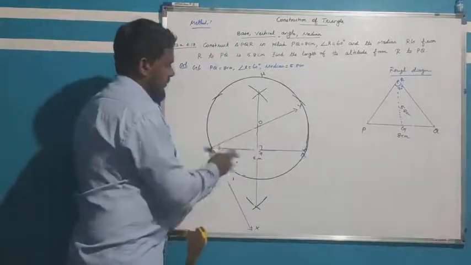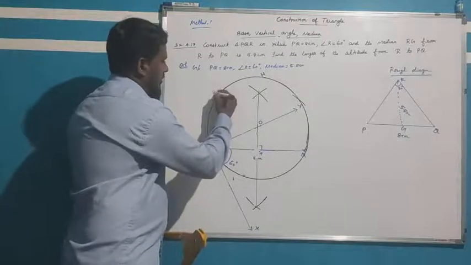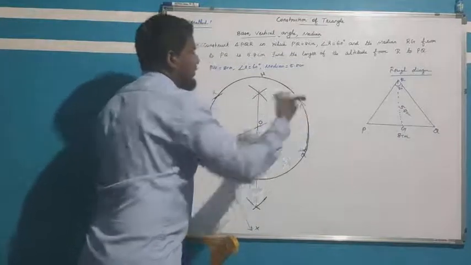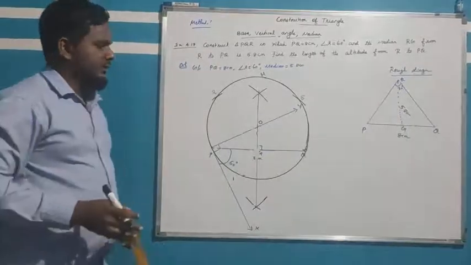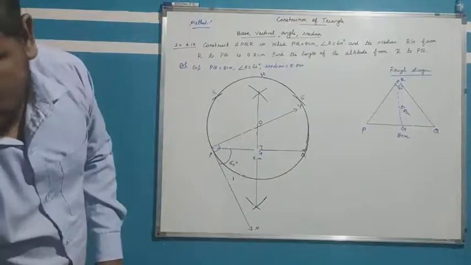Then name them R and S. Then take the ruler.